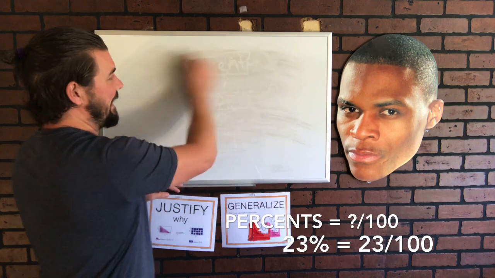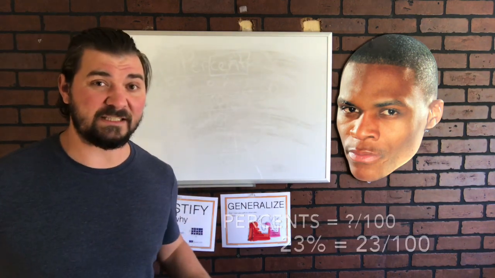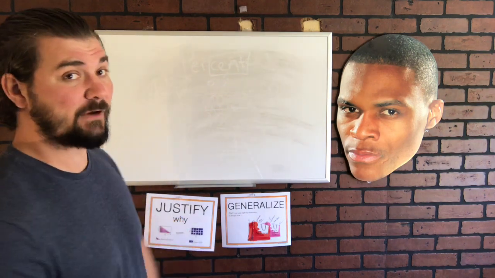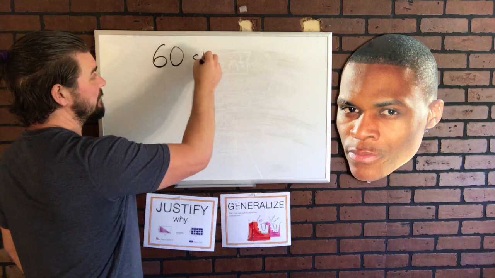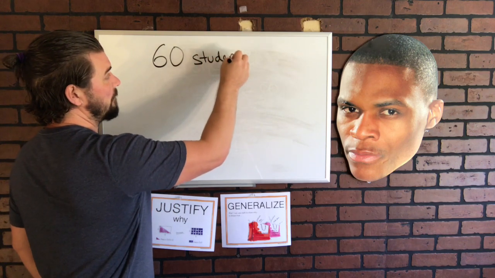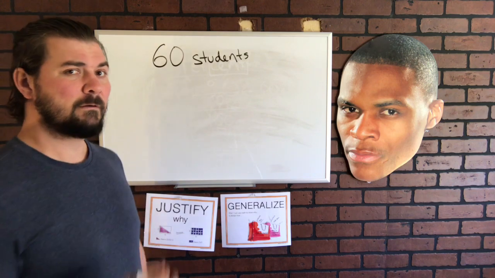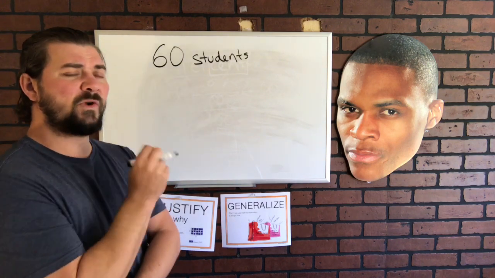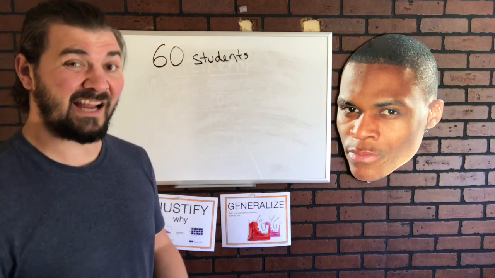So let's say I'm going to create a problem here, and I'm going to talk about all of the kids at the school in 6th grade. And in 6th grade, we're going to say there are 60 students. And out of these 60 students, some of them really like tacos, and some of them really like pizza.